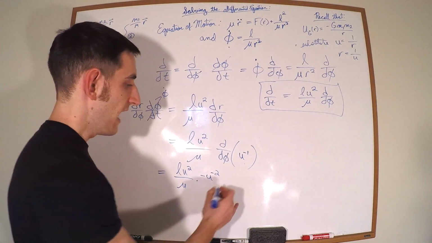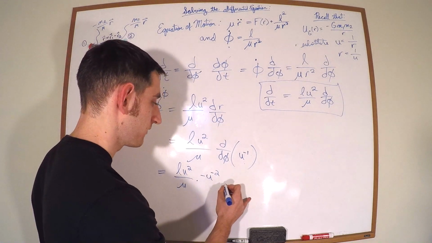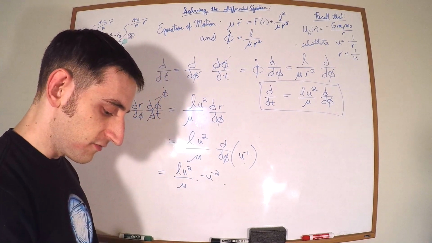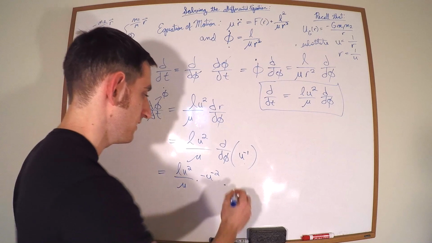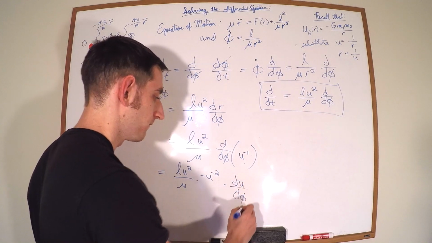All right? And then we need to use the chain rule. So then this becomes du d phi, which I believe is what I did. Yes, it is, du d phi. All right?